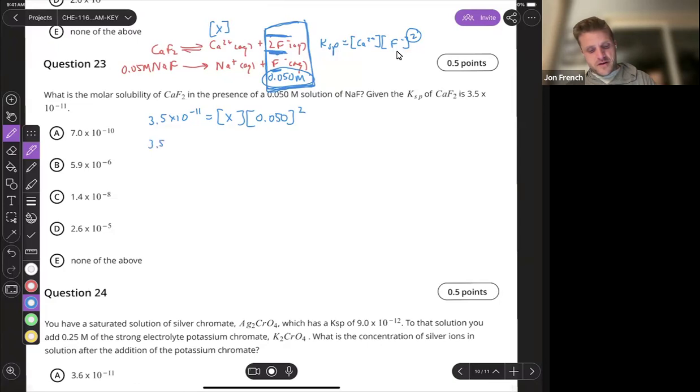So I get 3.5 times 10 to the minus 11 equals X times 2.5 times 10 to the minus 3. Divide both sides by 2.5 times 10 to the minus 3.